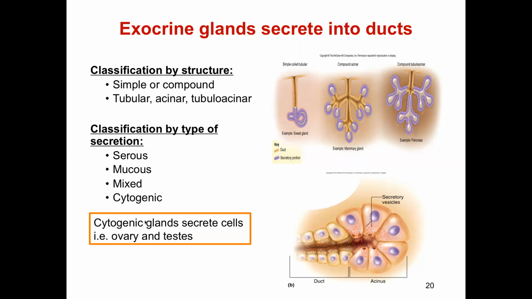Cytogenic, this sounds weird, but cytogenic glands secrete cells. What kinds of glands would those be? Well, ovary and testis, right? They're considered glandular structures, not only because they're producing hormones, but they're also secreting their cells.